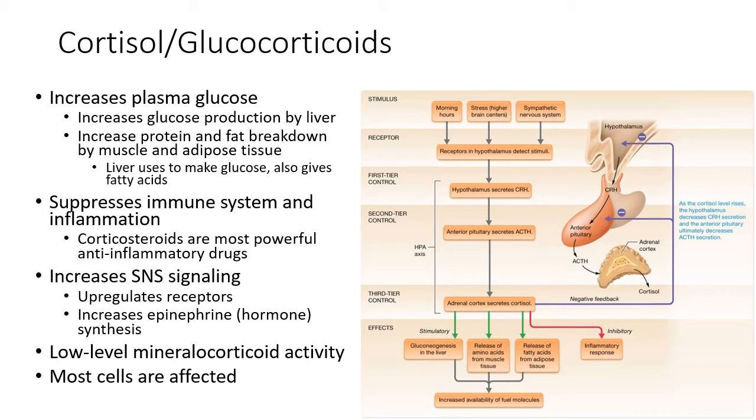Your blood vessels get a lot bigger, and that can cause your blood pressure to crash, which can kill you, because you need the blood pressure to maintain blood flow to your organs. So cortisol helps you prevent that from happening, by increasing sympathetic nervous system signaling in part, so you don't have extreme vasodilation when you get stressed out that leads to your death.